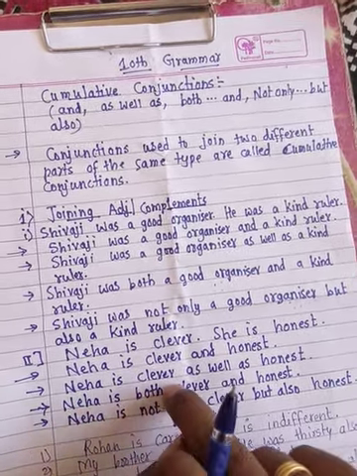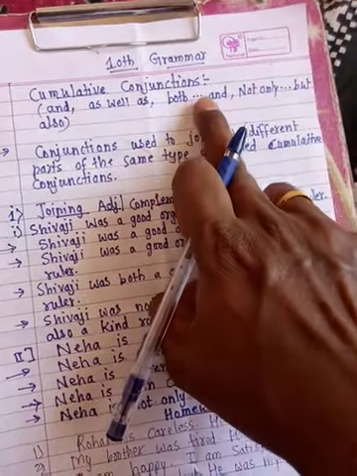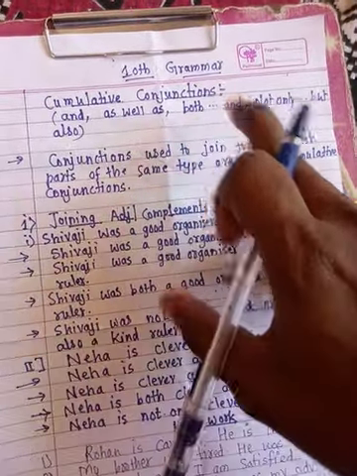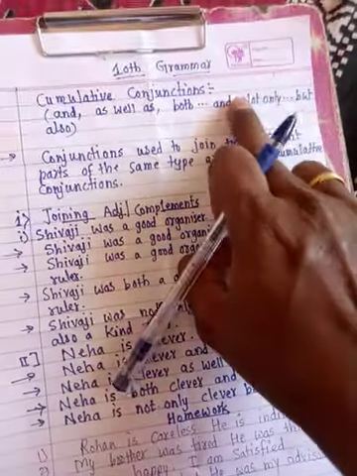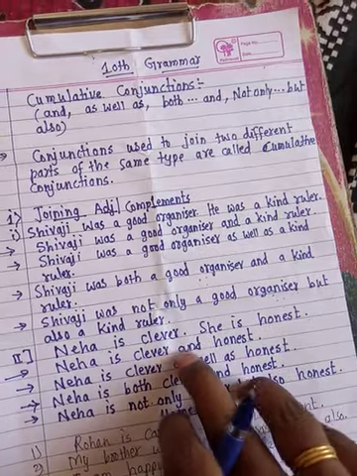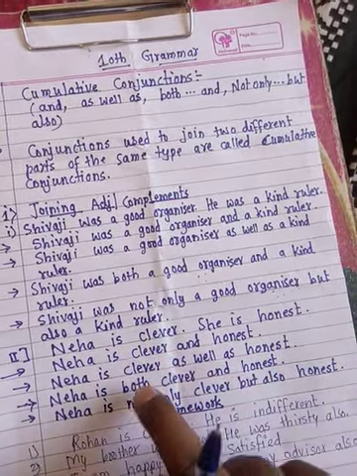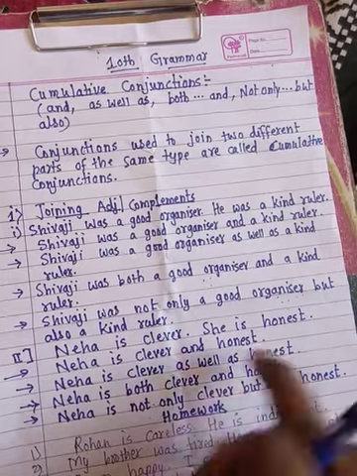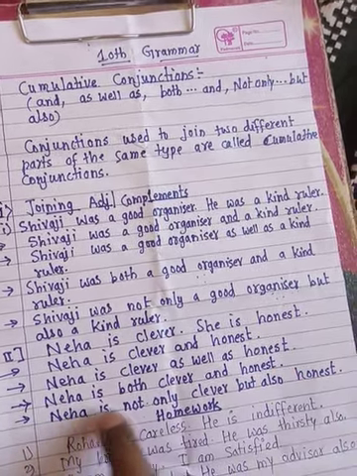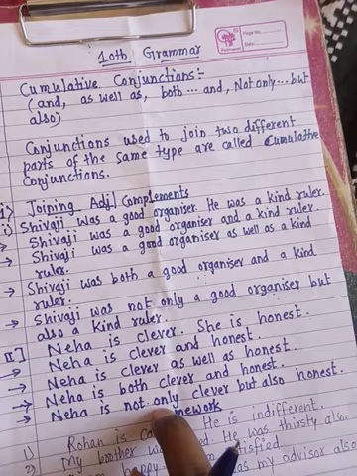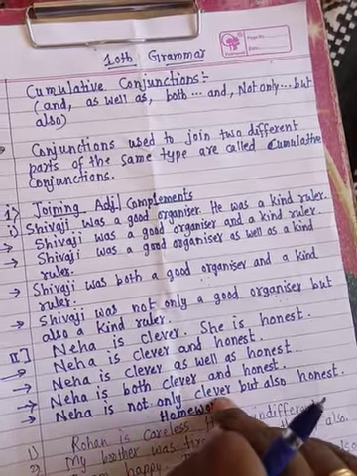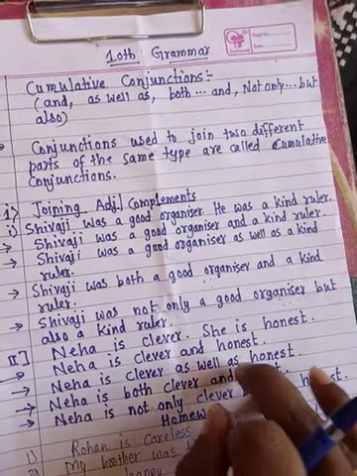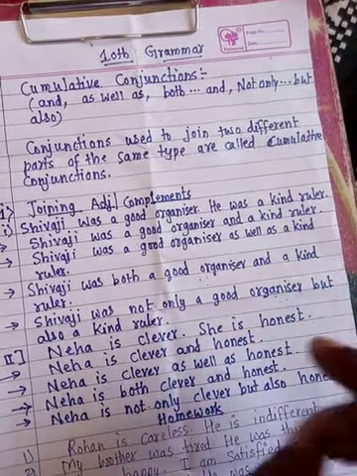Neha is, first both, after that the first different part, the first different adjective, clever, and then the second adjective, that is honest. So Neha is both clever and honest. Using not only but also: Neha is outside, then not only, the first conjunction, then the different adjective clever, then but also, and the second different part is honest.